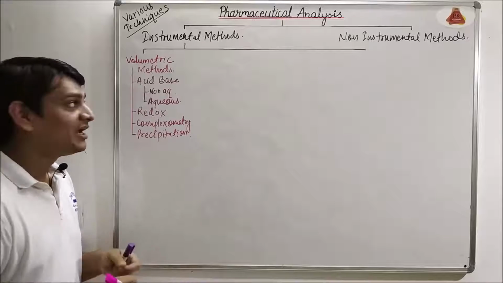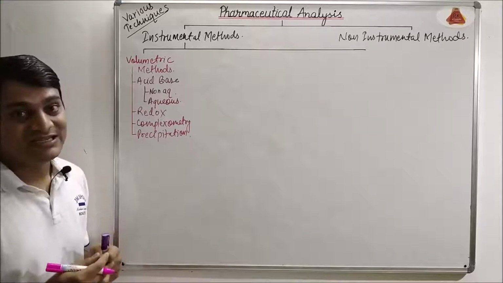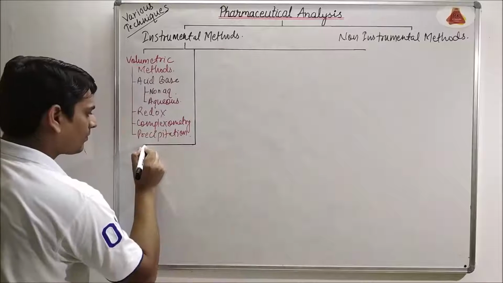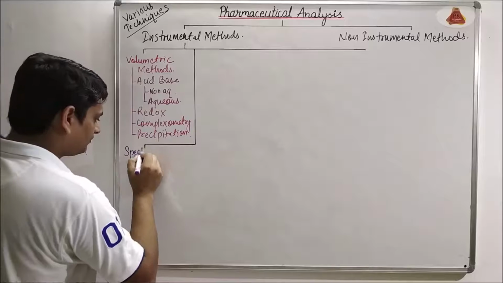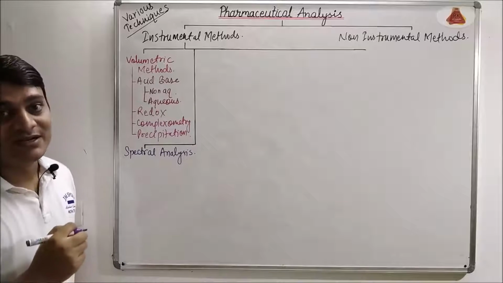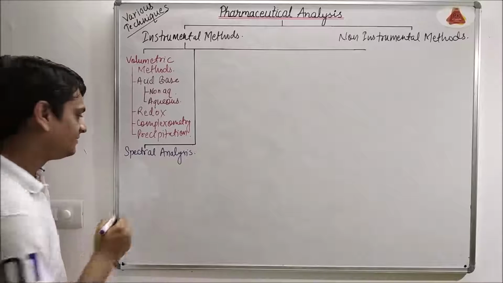Now coming to the second type of instrumental methods, that is spectral analysis. This spectral analysis is mainly categorized into 6 types.